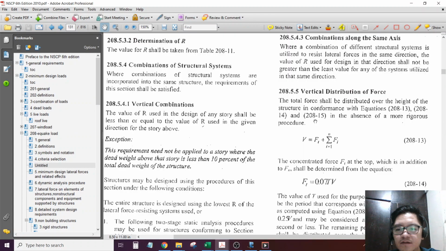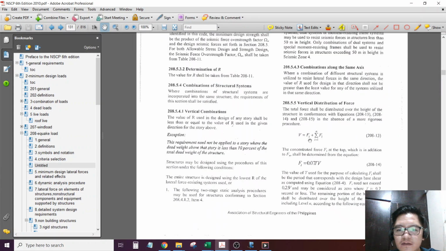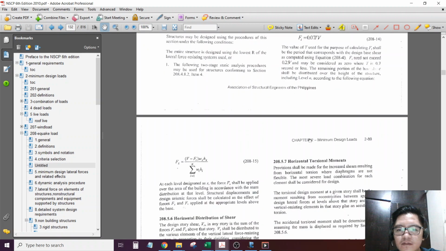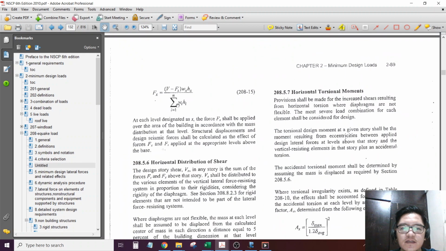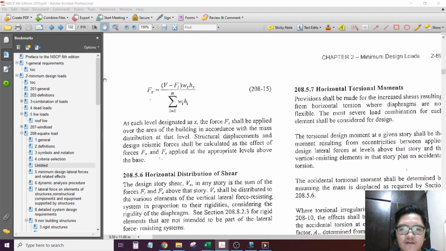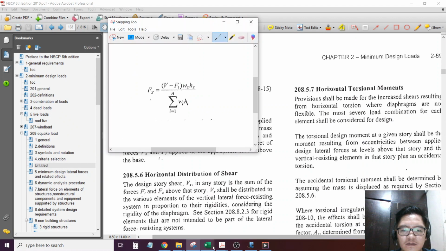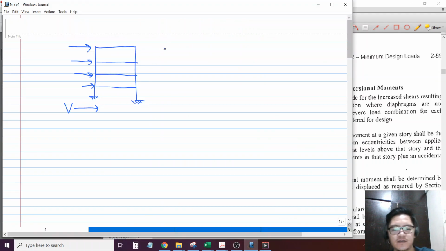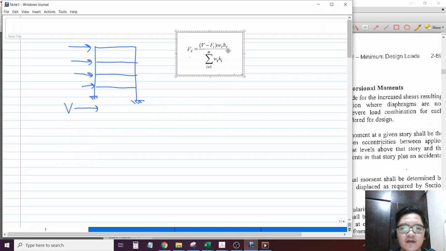Eto. Okay, that's it. So ito yung general formula niya. Okay, copy ko to and paste here. So, ito yung ating general formula.